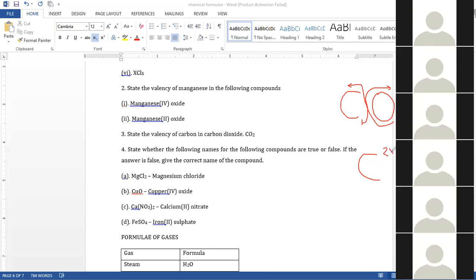So that means I'll multiply through by 2, also multiply through by 2, which will give me C4 and O2. That means now the valence of oxygen is correct. So we can comfortably say that the valence of carbon is, what is the valence of carbon now? 4. Perfect. 4.